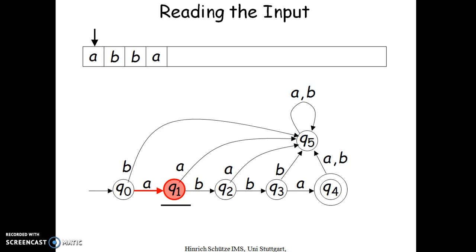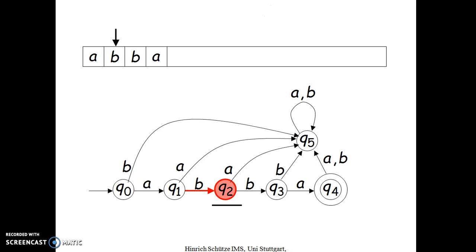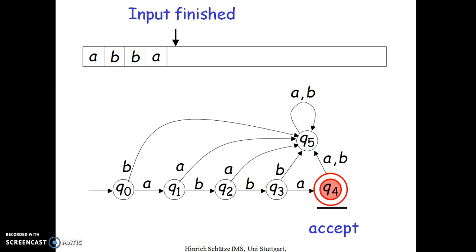Next letter is B. After reading B, I reach Q2. The next input is B. After reading B, I reach Q3. The next input is A. After reading A, I reach Q4. Now, after reading the input, I am able to reach the final state. This determines that the input is accepted by the automata.